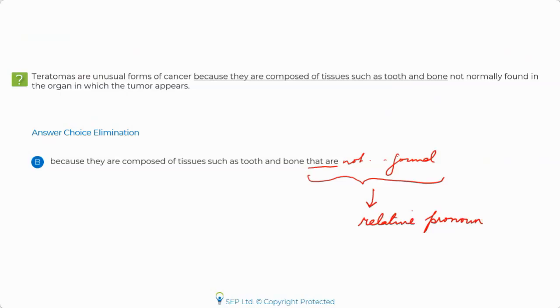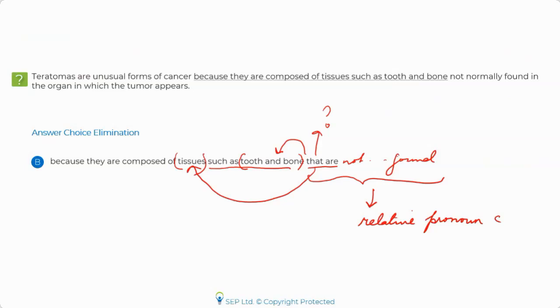We know it's a clause because it starts with a that, you have a verb. What is this that going to refer to? Technically speaking, it can refer to tooth and bone. It can also cross this small phrase and refer to tissues. So the problem is it could refer to both, and I'm not a science student.